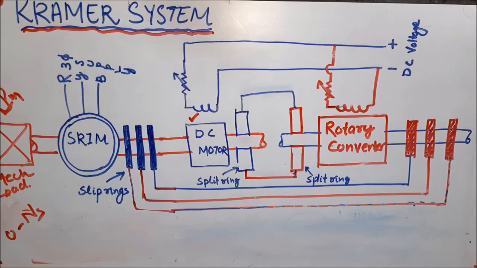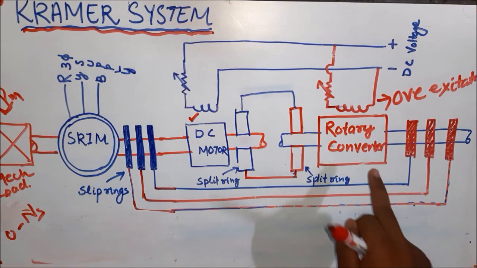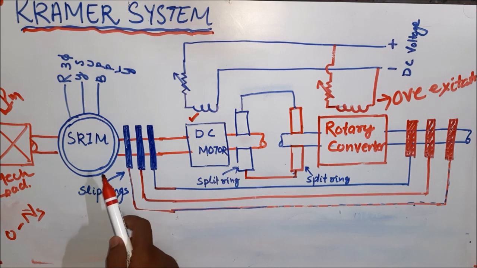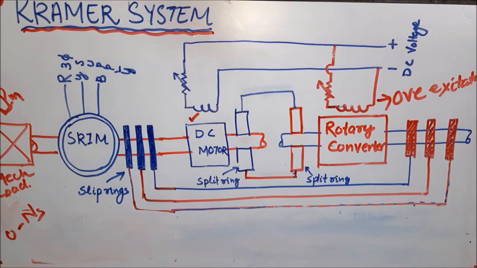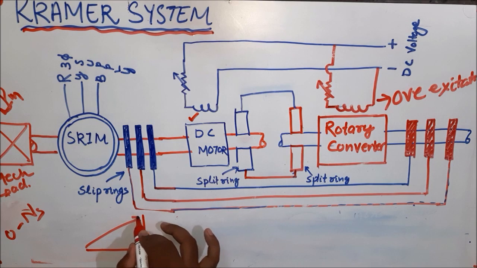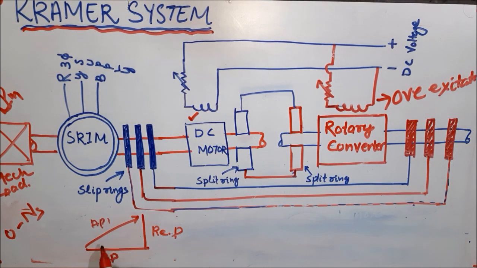The second important thing is, when we overexcite the rotary converter's field, the rotary converter takes leading current, which can compensate the lagging current taken by the slip ring induction motor. That is why we get a good power factor. If this is my power triangle, this is my real power, this is my reactive power, and this is my apparent power, and this is the angle between apparent power and real power.